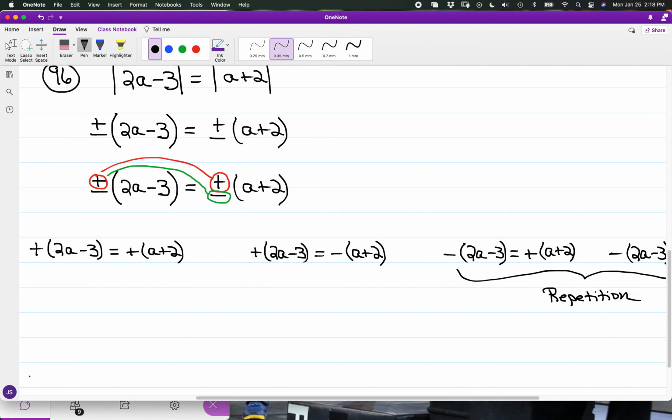All right, so you have in this one, removing the parentheses. So you have 2a minus 3 is equal to a plus 2.